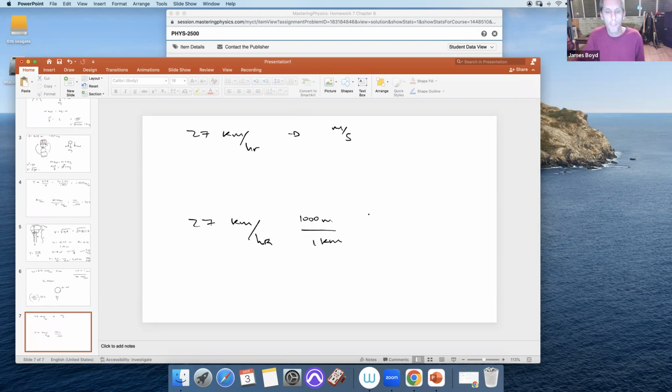And in 1 hour, there are 60 minutes times 60 seconds, there are 3,600 seconds. So 27 times 1,000 divided by 3,600. This is 7.5 meters per second.